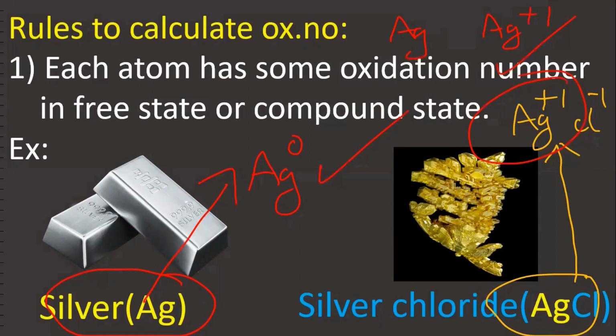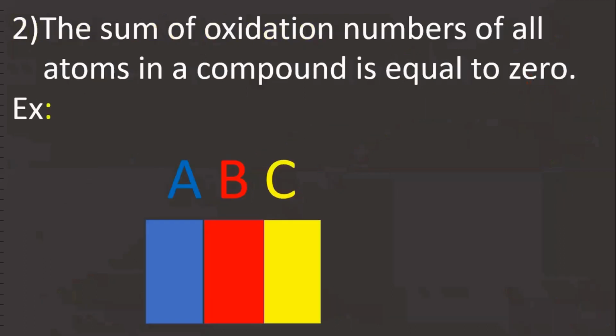Sometimes in a compound also they may have 0 oxidation state, but when an element is in free state, that will have 0 oxidation state only. The sum of oxidation numbers of all atoms in a compound is equal to 0.